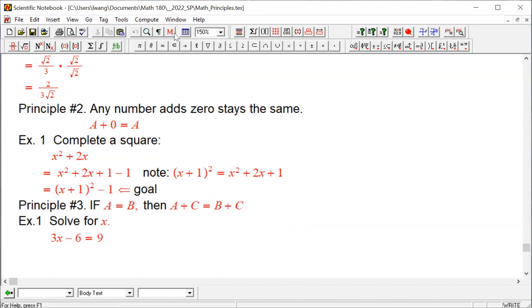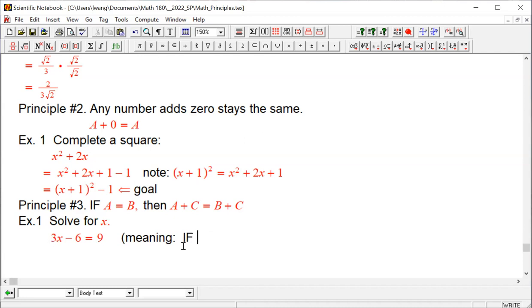What does this mean? The meaning is that when we ask to solve for something, there's an if statement embedded.